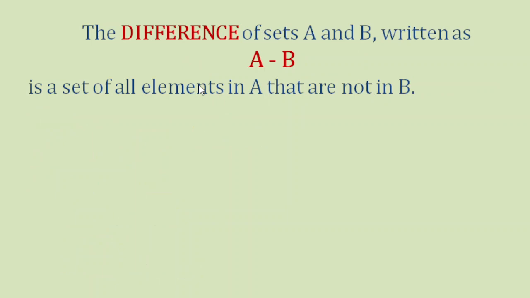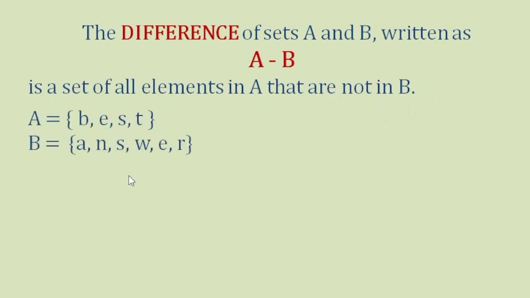The difference of sets A and B, written as A minus B, is a set of all elements in A that are not in B. So let's have an example. The elements of A are B, E, S, T. The elements of B are A, N, S, W, E, R. So how do we find A minus B?